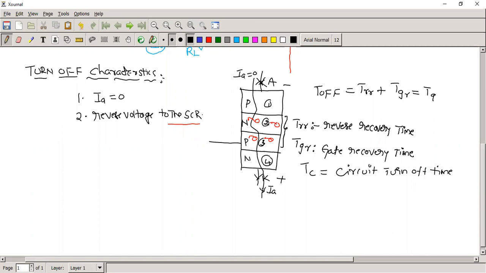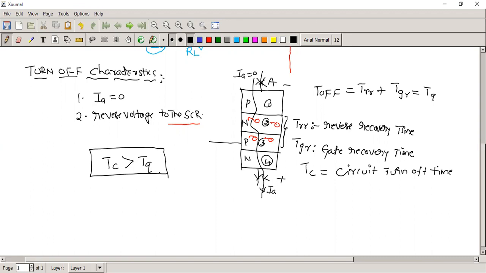Generally, the device turn off time is given by the manufacturer, but the circuit turn off time depends upon what circuit we are using to apply the reverse voltage to the SCR. The perfect turn off of the SCR occurs only when tC is greater than tQ. This is very important. The circuit turn off time should be greater than the turn off time of the SCR.